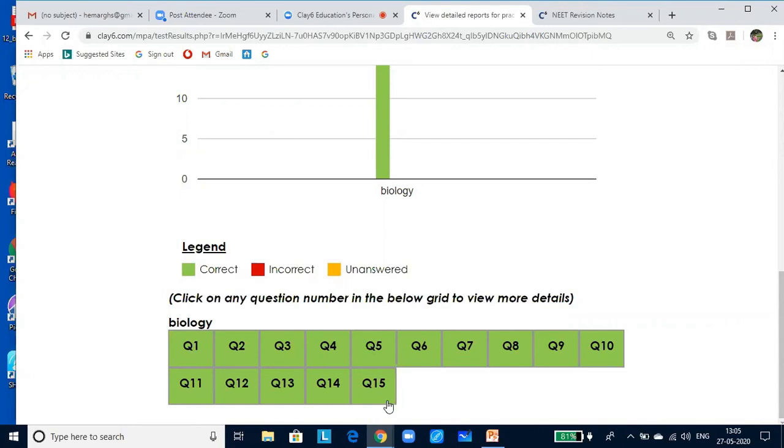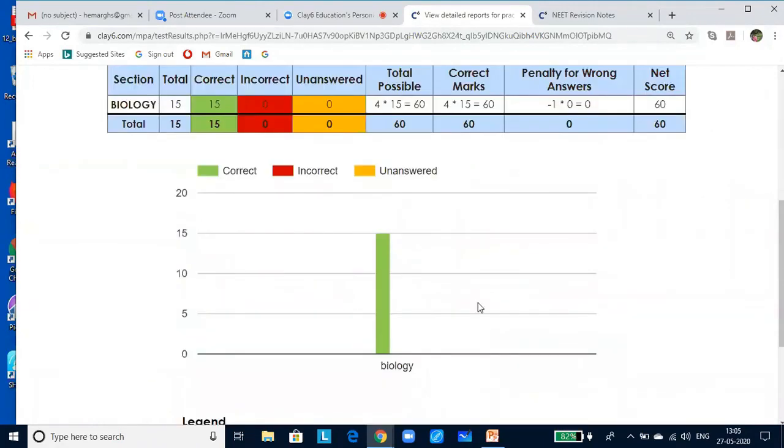Suppose I have 2 questions wrong, so my score is 52 minus 2. So you should not go in for incorrect answers. If you do not know the choice, please leave it. Otherwise, you will be holding those 2 marks, and each and every mark counts for you in the NEET exam. So with this, I'm completing today's class.